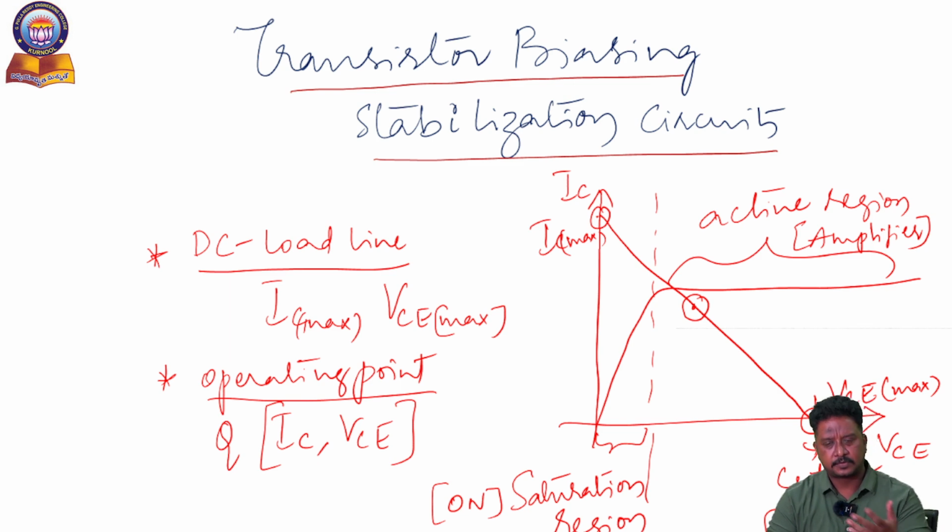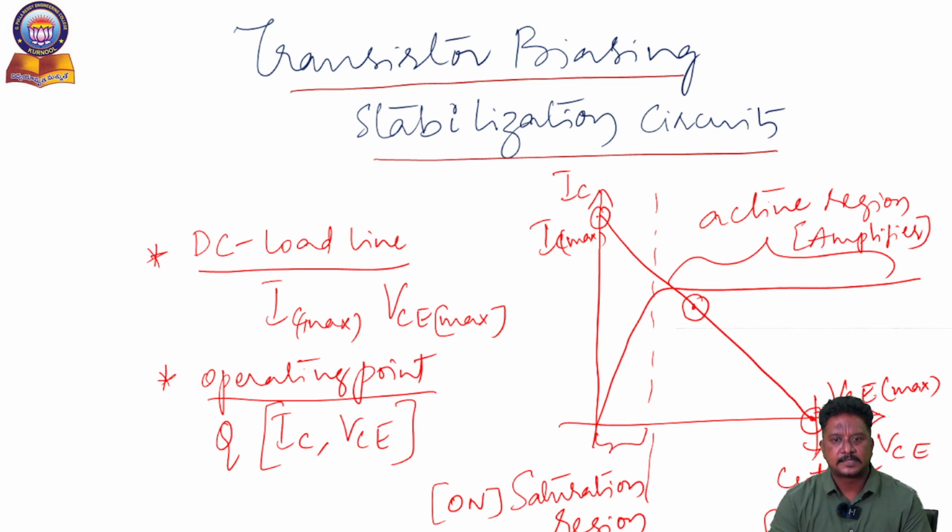Anyway, due to some internal parameters or some external parameters, the output current is trying to change. Due to the physical properties of the transistor, the temperature externally is increased depending upon the environment in which the transistor or amplifier is operated. Obviously the operating point is trying to shift from the active region to the saturation region.